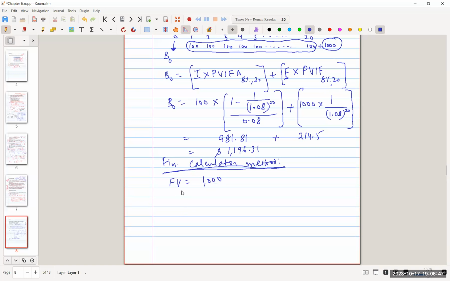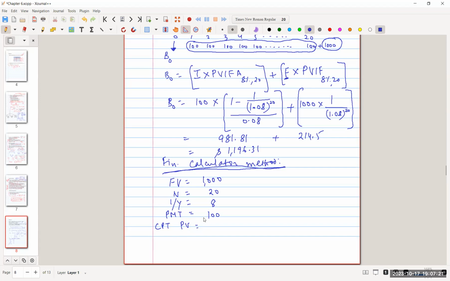We know that the discount rate is 8%. We know that during all of these 20 years, we will receive a constant interest payment of $100, because 10% is the coupon rate, right? After we have provided these inputs, we will compute CPT, present value, because it's the present price that we want to determine.